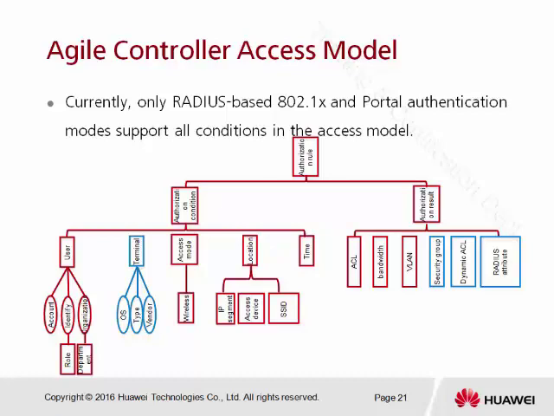right now what kind of operating system this terminal is using, the type or what vendor. For the access mode, it can check whether the terminal is connected using wire or wireless. And of course for the location, it will know the current connection is using what IP segment, what kind of access device and the SSID.